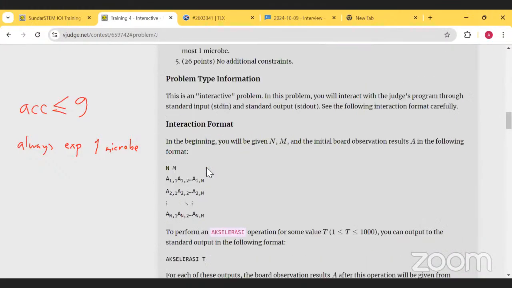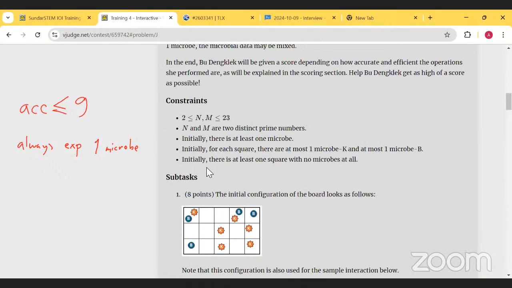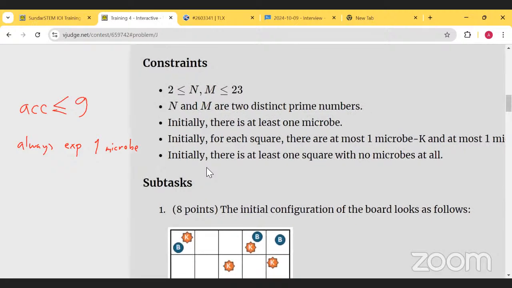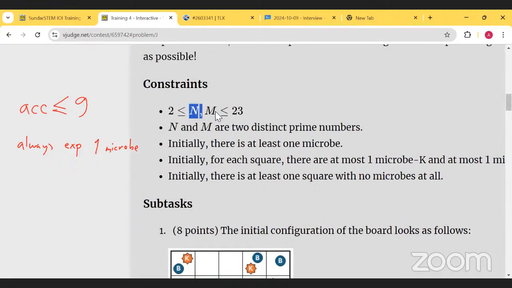And then there's a constraint here. Fortunately, the numbers n and m are small. The maximum n and m is 23. And then they are two distinct prime numbers.